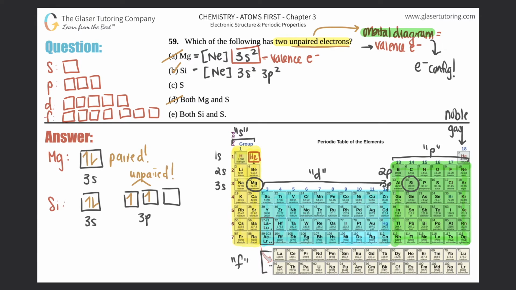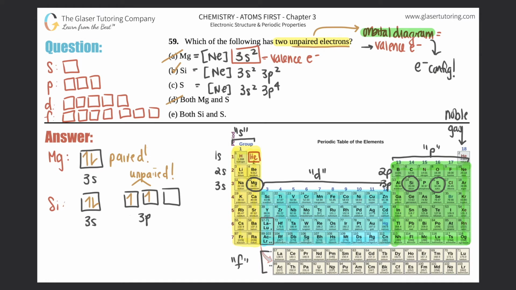Now we just have to figure out if sulfur is the same thing. First let's do the electron configuration for sulfur. Sulfur is over here. So it would be neon 3s2, but now in 3p you have to pass 4 boxes, 1, 2, 3, 4. So this would be 3p4.